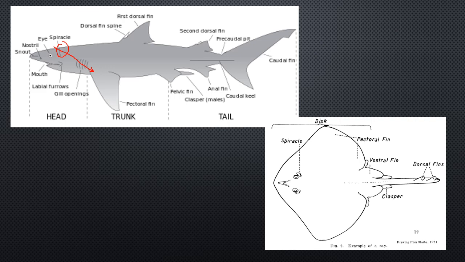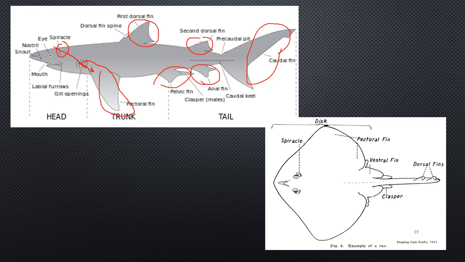When we're looking at the fins, we have a dorsal fin here and often a secondary dorsal fin as well. We have the caudal fin, which is always that last back one. And then we have the pectoral fin. That's the easiest to remember because you know where your pecs are. They're attached in the same place. There's a pelvic fin, and there's an anal fin.